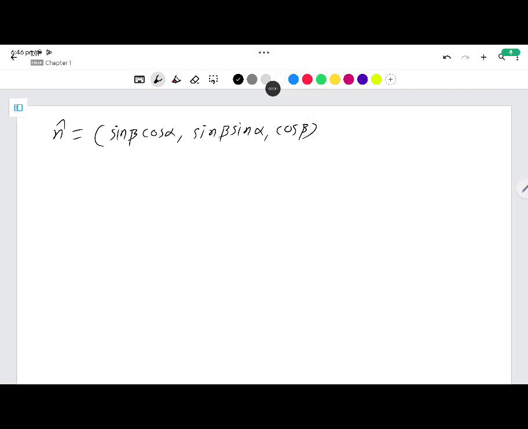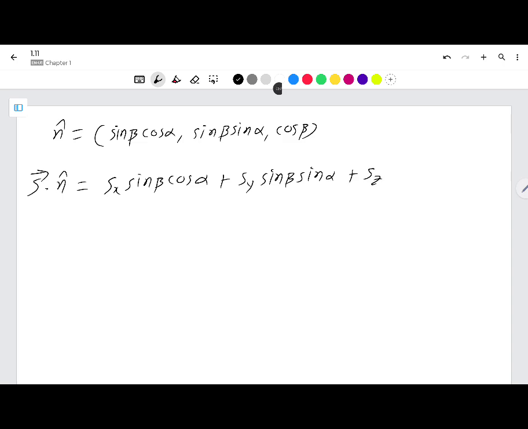When we write S dot n, we are basically doing Sx sin beta cos alpha plus Sy sin beta sin alpha plus Sz cos beta.